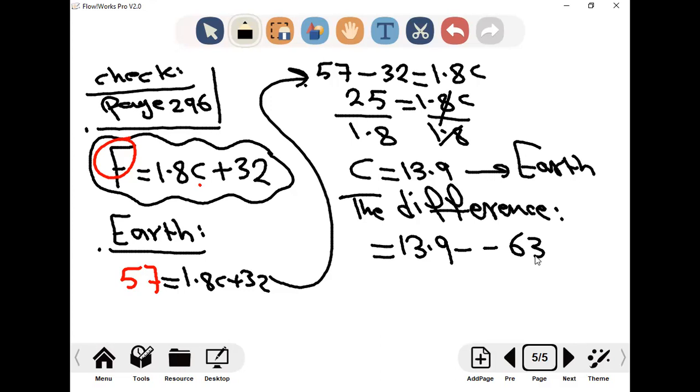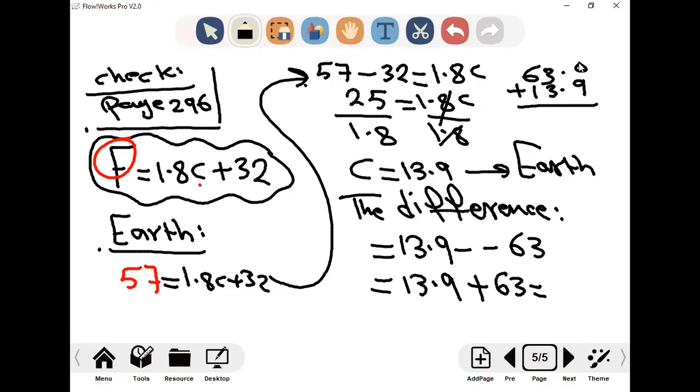So minus minus, so 13.9 plus 63 equal how much? 76.9. 63 plus 13 how much? 70. 63 plus 13.9, right?